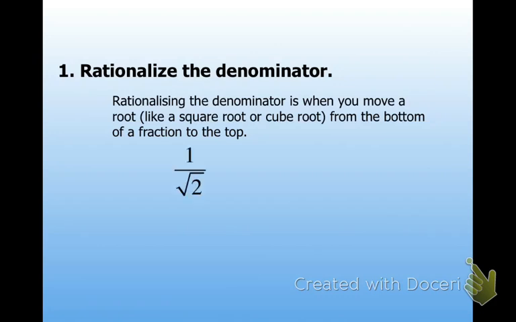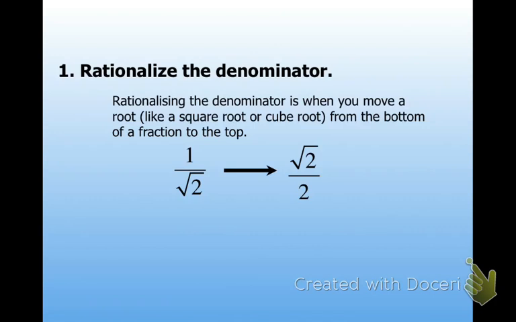So for example, if you have 1 over the square root of 2, after you rationalize the denominator, you get the square root of 2 over 2. That is the same fraction, right? So we're going to learn how to go from the fraction to the left to the fraction to the right.